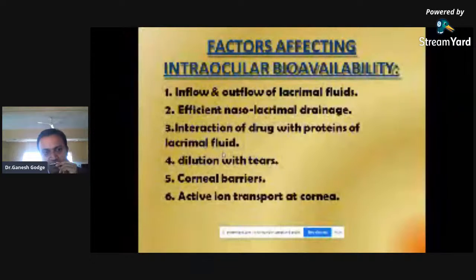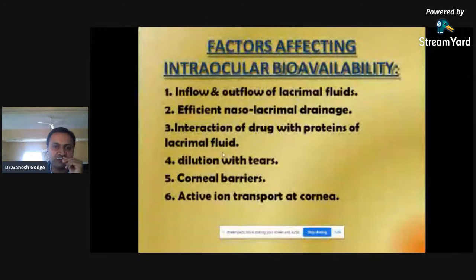If you instill one drop from your eye drop bottle over the surface of your ocular sac, that contributes around 70 microliters. And the capacity of your ocular sac is to accommodate not more than 30 microliters of formulation. So 30 and 70, that is a very mismatching proportion.